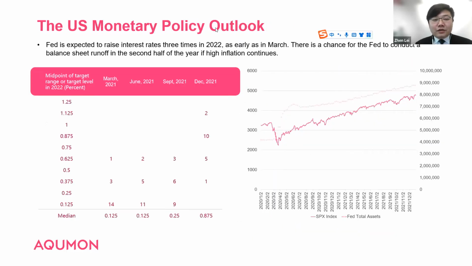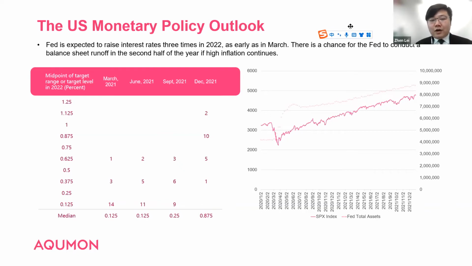Now let's see the US monetary policy. First of all, the Fed is expected to raise interest rates 3 times in 2022, as early as in March. So the certainty is now higher and higher, and at least the Fed is expected to raise interest rates in 2022.